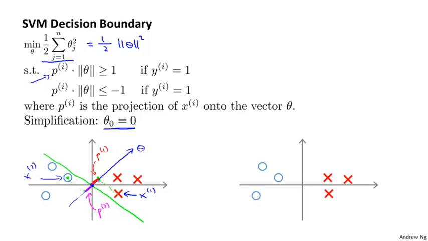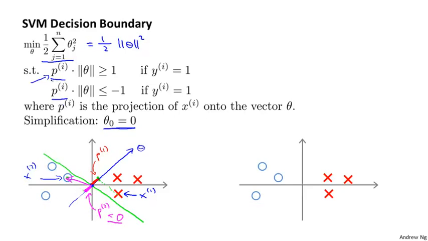And so this little projection line segment is going to be pretty small. P2 will actually be a negative number, right? Because it's in the opposite direction. This vector has greater than 90-degree angle with my parameter vector theta, so it's going to be less than 0. And so what we're finding is that these terms p1 and p2 are going to be pretty small numbers.